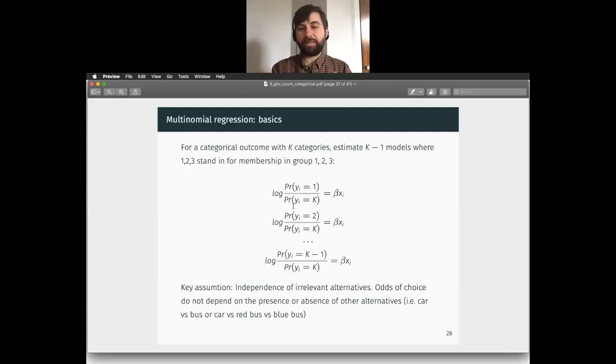We don't need to estimate the probability that the event does not happen because it's defined to be 1 minus p, right? So if we estimate the probability that it's in group 1 up to k-1, we've actually estimated the probability it's in group k by 1 minus the sum of the probability it's in the other groups. Does this make sense? Anyone have any questions about how this works?